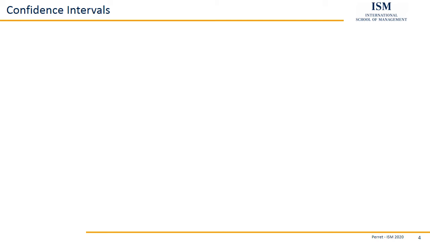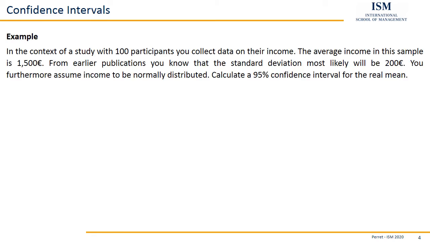Let's take a look at an example for this. Here we have, in the context of a study with 100 participants, you collect data on their income. The average income in this sample is 1,500 euros. That's our arithmetic mean. From earlier publications, you know that the standard deviation most likely will be 200 euros.